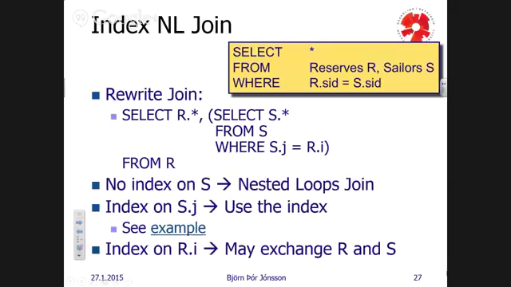So the index nested loop join, you can basically think of rewriting it where you are just selecting all the records from one relation, and then for each record, you go and find the match through an index.